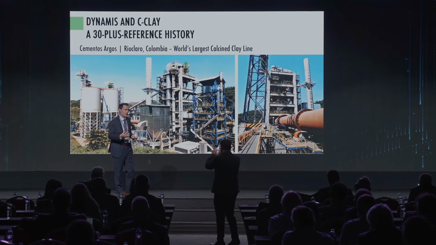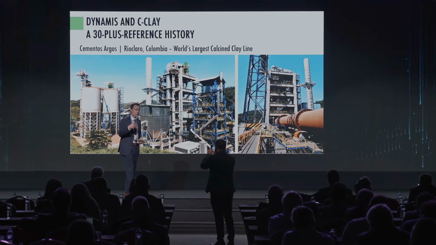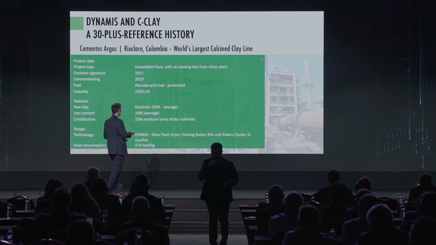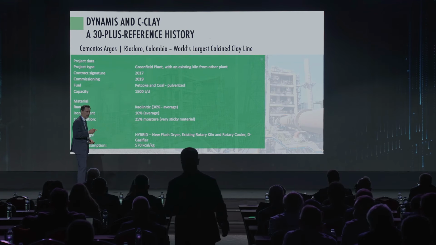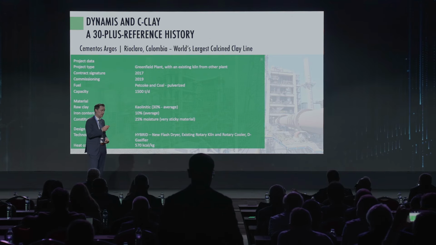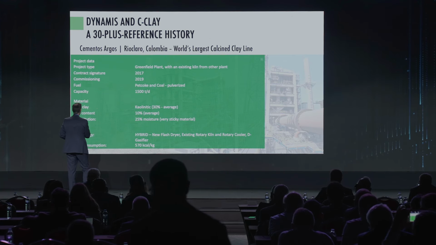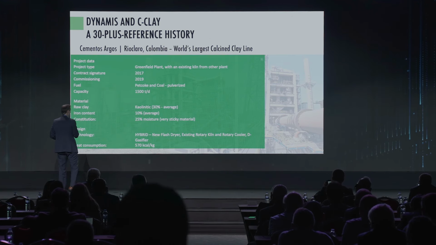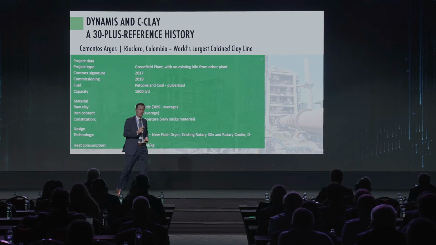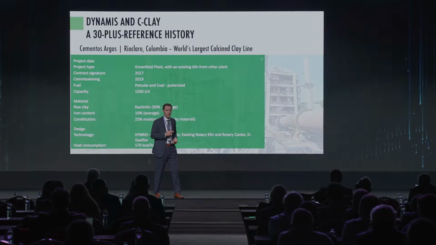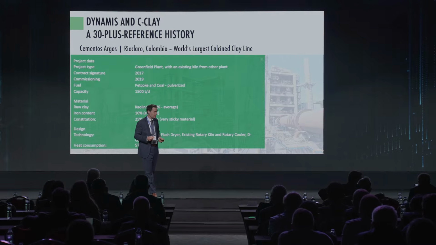We combine flash technology with rotary technology. We commissioned this kiln in 2019, and the main point in this project was the very high iron content. This was the first time we used the color control technology in a calcined clay line.